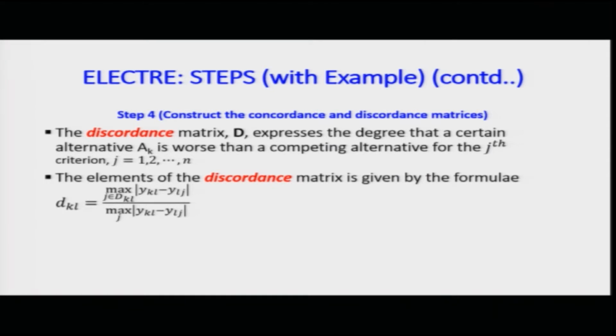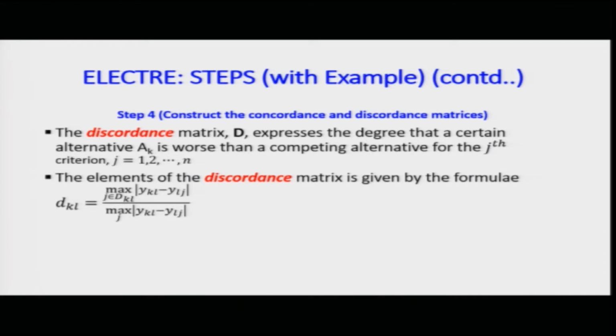So, I will compare A1 with A1 on all the criteria, then A1 with A2 on all the criteria, then A3, A4, A5 individually till AM with respect to A1, on each of these criteria taken as groups.